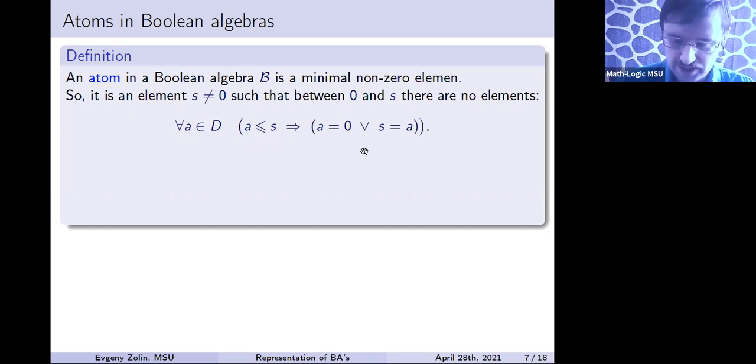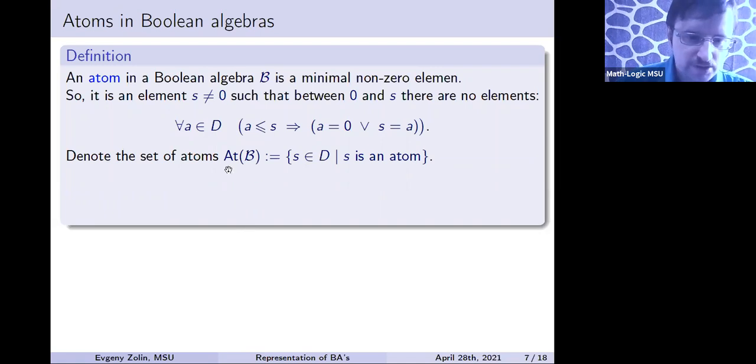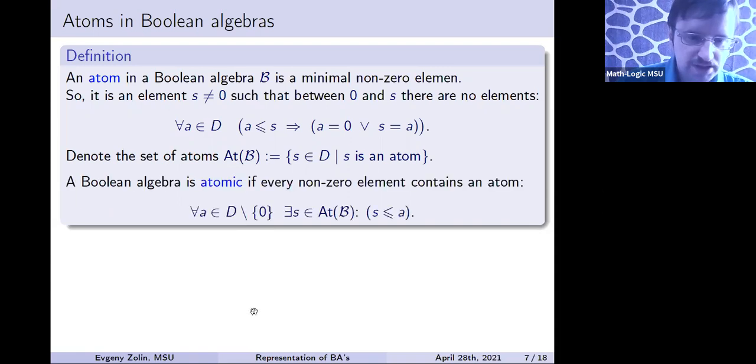We will see later that not every Boolean algebra has an atom at all. We may have a Boolean algebra without atoms. Let us denote At(B) the set of all atoms in this Boolean algebra. A Boolean algebra is called atomic. One may think that a Boolean algebra is atomic if it has atoms.